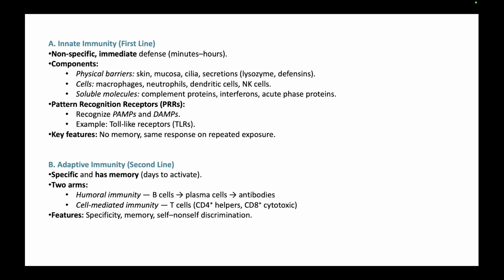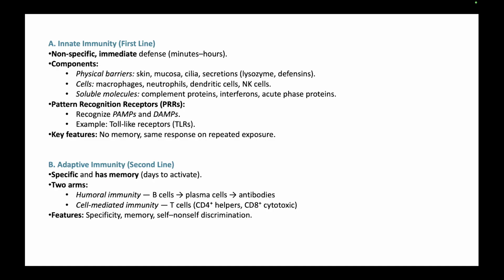When you talk about cell mediated immunity, the cell is itself involved in killing or clearing out the pathogen. But in the humoral immunity, the B cells make plasma cells, and the plasma cells release antibodies in the body fluid, and those antibodies interact with and kill the pathogens.